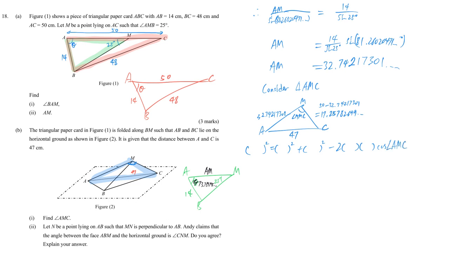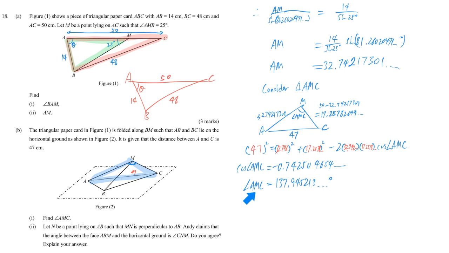We are going to input these three lengths. The opposite side 47 must be placed along here. By using a calculator and solving the equation, we know that cosine of angle AMC is equal to negative 0.74250465 something. Therefore, we get angle AMC.